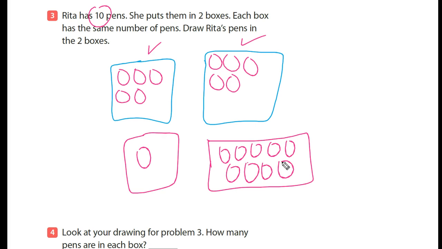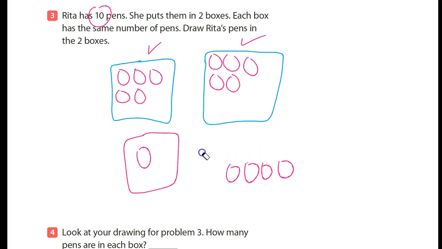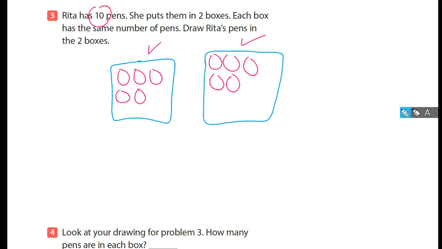But you did notice that I put a pin in each group one at a time until I got 10. And that's it. Because all it said was to draw Rita's pins in the two boxes. I'm done. Check it out. This is what you should have.